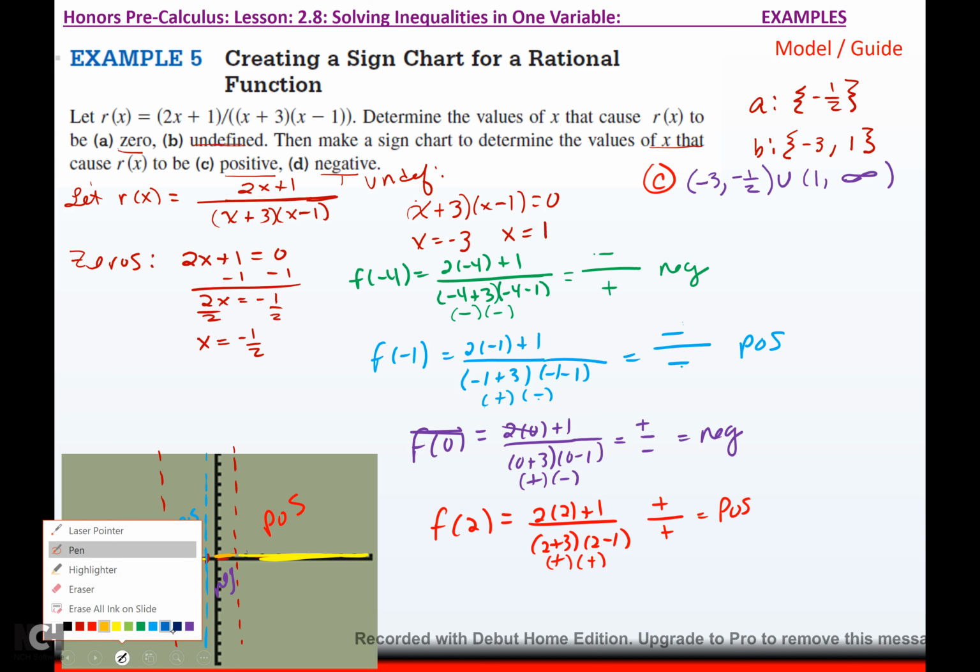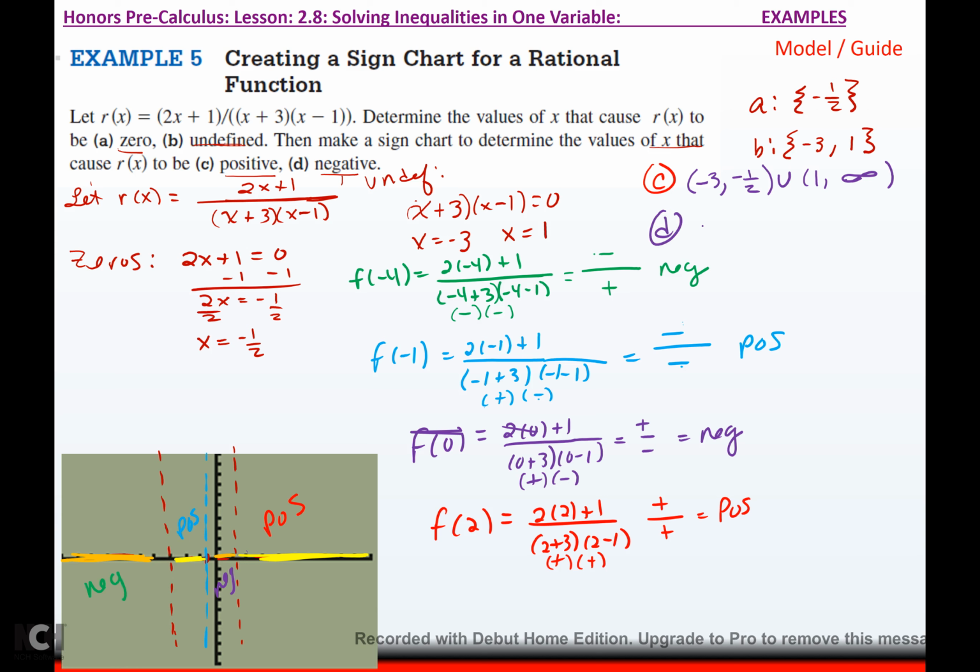Okay, so that one will be, for D, we have -3. Wait, I'm doing orange, sorry. So this interval would be -infinity to -3, union, in between there is -1/2 to 1.